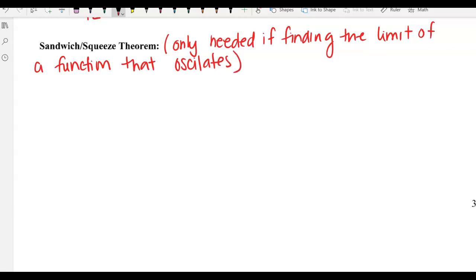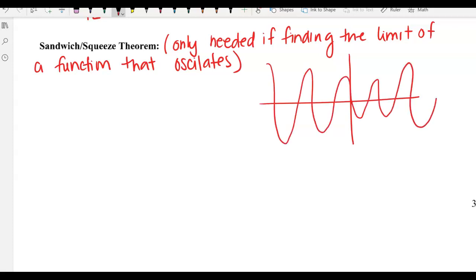Okay, so an oscillating function, students, is when it moves too much, like it's like this. And then we can't really pinpoint the height, okay? It's just too hard for us to identify where the y value is approaching. So that's when we use this.